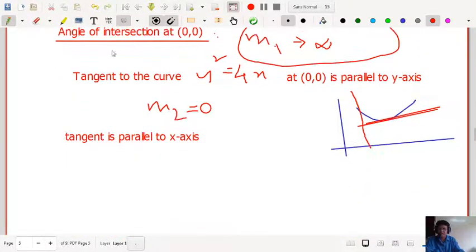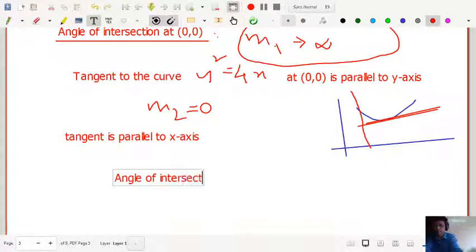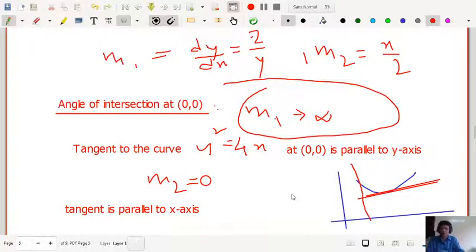So in this case your angle of intersection is 90 degrees or pi by 2, okay? So this is the concept of how to deal with the angle of intersection, okay?